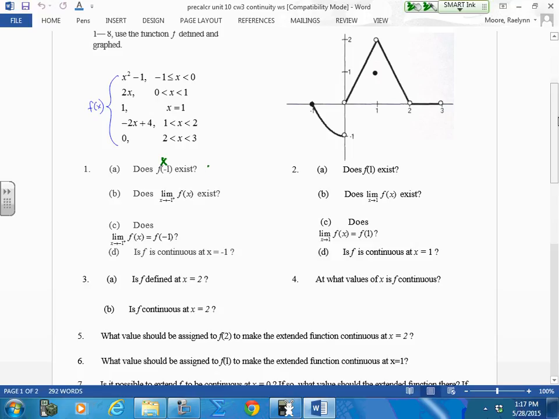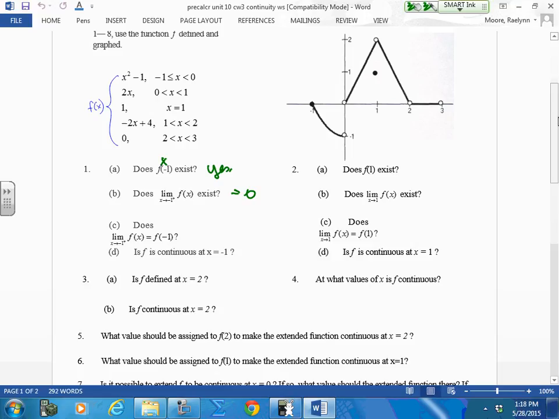So therefore, what is my limit as x approaches -1 from the positive side? 0. It's just asking you, what is it, and does it exist? Oh, we answered it over here. So they kind of asked the same question.